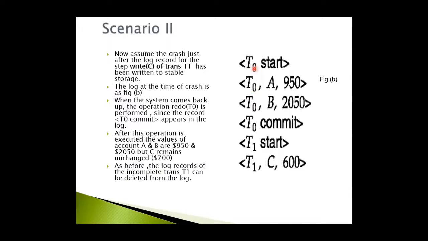It will look at T0 and at T1. The T0 start record is there, and the T0 commit record is also there. So the system will redo T0 so that it preserves the new values of T0 with respect to data items A and B. When it looks at transaction T1, it will undo, or rather, we have not come across the undo operation yet. It will roll back transaction T1 and restart it with the original value of C. This is how the system recovers from the crash by looking at the log.